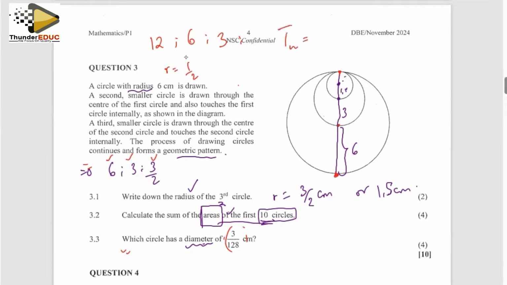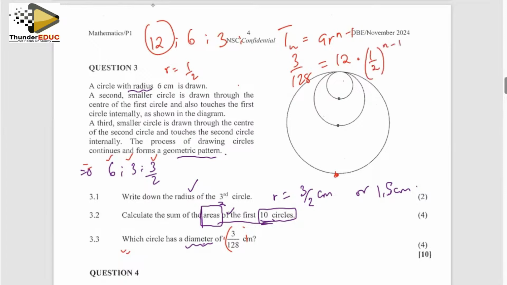The Tn of the geometric is A R to the n minus 1. Our interest is the n. So let me erase this out and show you how I got my n. So our Tn is 3 over 128. Our first term is 12 times the r, which we got as a half, with the exponent of n minus 1.